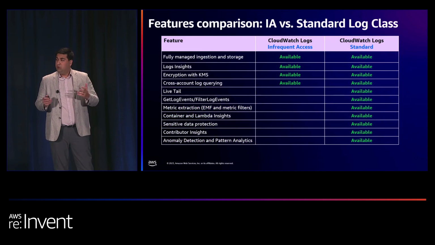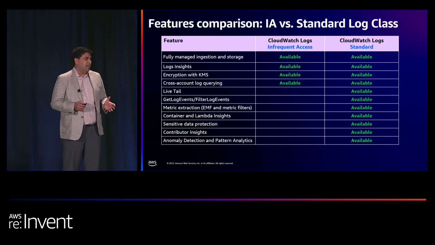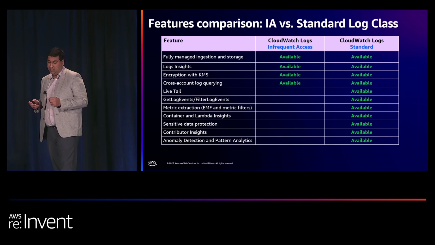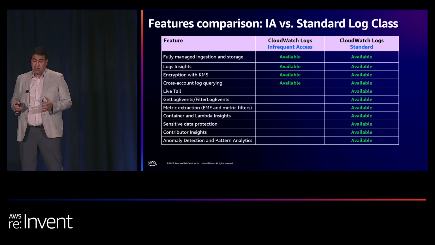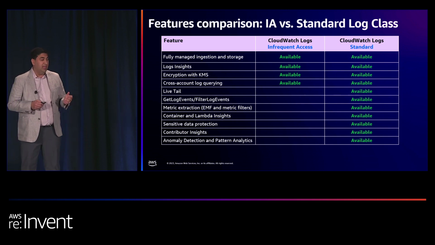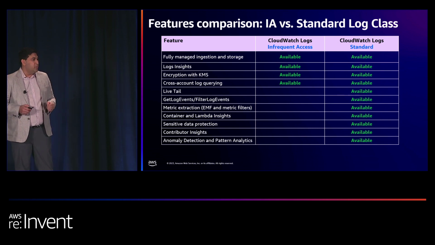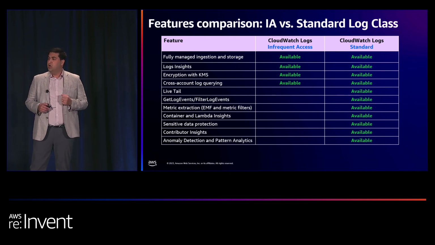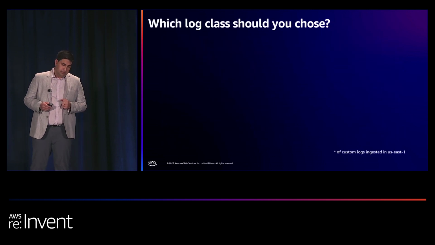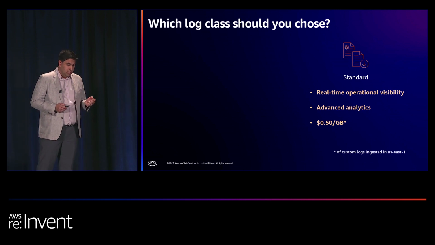Now, how do the features of infrequent access compare to the standard log class? Like I mentioned, infrequent access is really about those core logging capabilities, whereas the standard log class offers a full suite of log analytics, be it Live Tail, metric extraction and alarming on it, sensitive data protection, Contributor Insights, and a couple of features that I'm going to talk about later in the presentation. So which log class should you really choose?